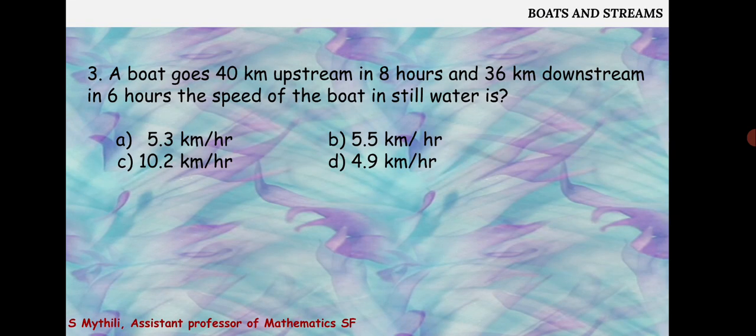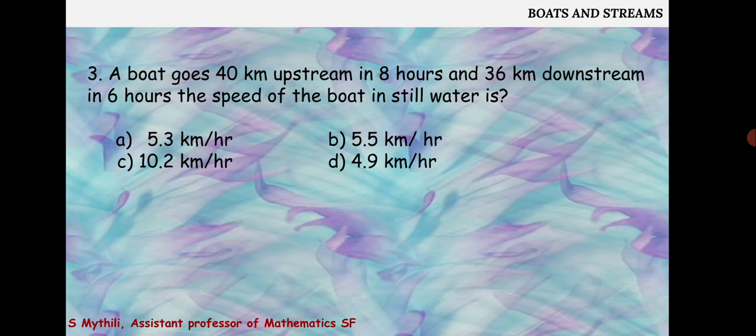A boat goes 40 km upstream in 8 hours and 36 km downstream in 6 hours. The speed of the boat in still water is. So our question here is the speed of boat. We represent the speed of boat by SB.